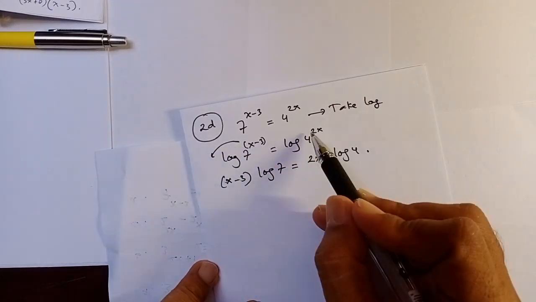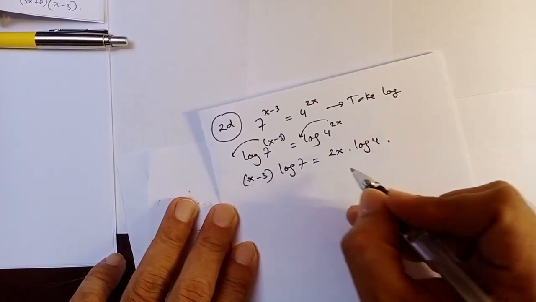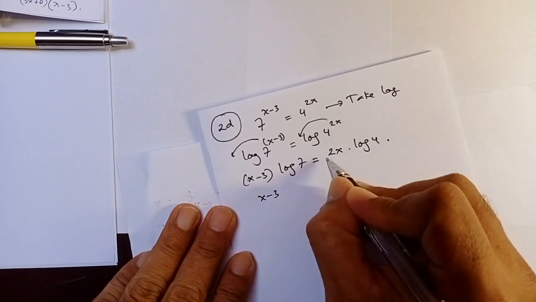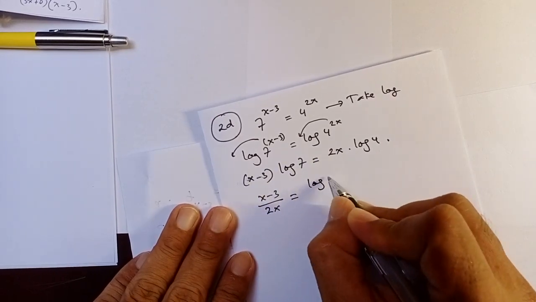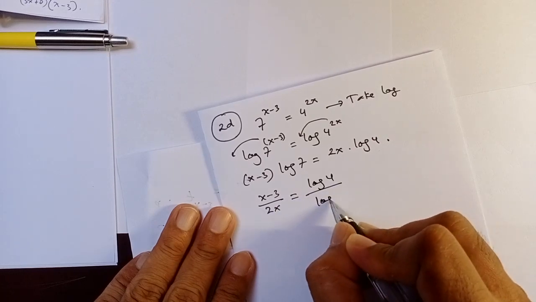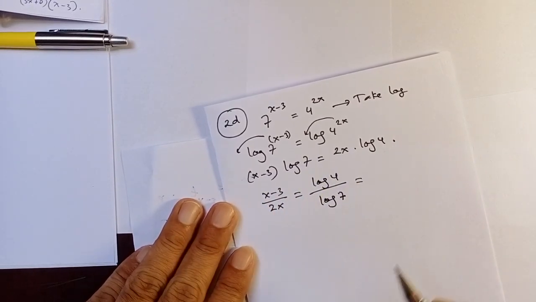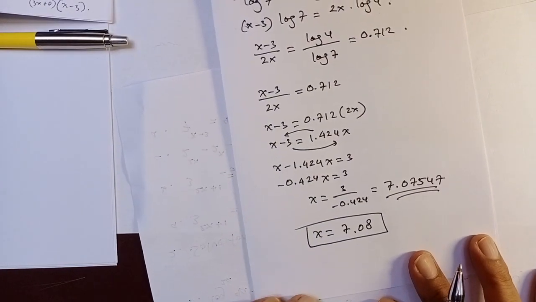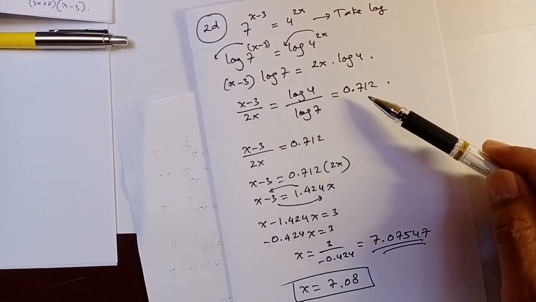Then bring the power down, and rearrange this equation by writing x minus 3. You bring this, divided by 2x, equals the logarithm of 4 divided by the logarithm of 7. So what is the answer of this logarithm? Use your calculator. The logarithm of 4 divided by the logarithm of 7 is this.